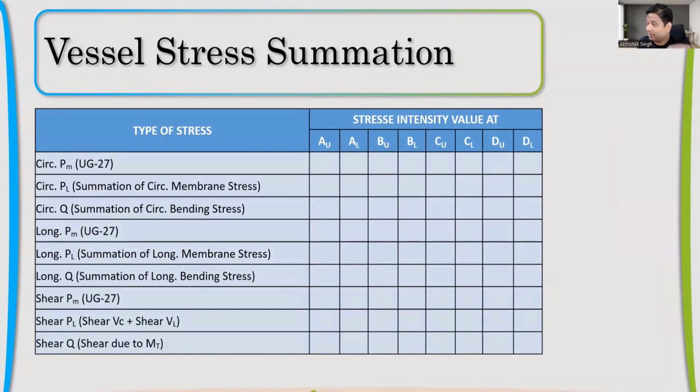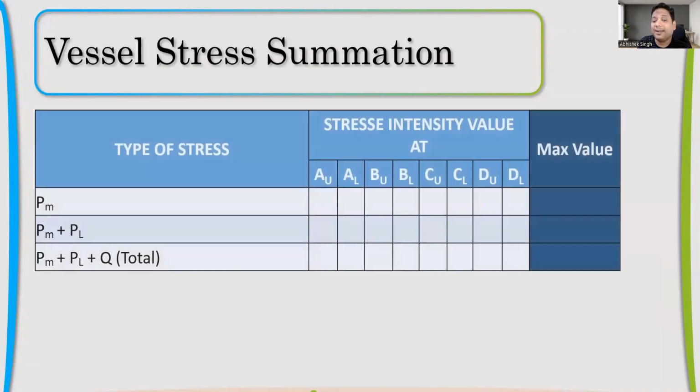So circumferential, longitudinal, both separately we have calculated. And then once we have that and all the points, we'll see the PM value. So PM will be fairly constant for all the points. Only that circumferential will be half. Circumferential will be more, longitudinal will be half, so A will have the half of the value. C and D will be having the maximum value.